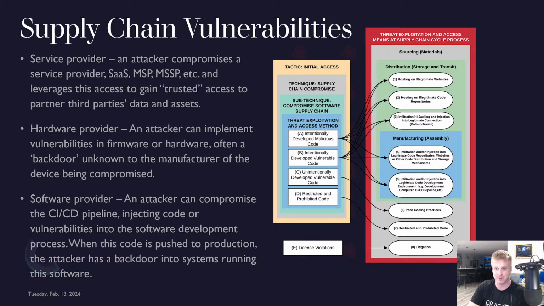If they get into the GitHub and get into the CI/CD pipeline, being able to put in code, they can almost go undetected if you don't have a process in place to identify where your components are coming from, who's producing your firmware or producing the hardware for your network equipment.